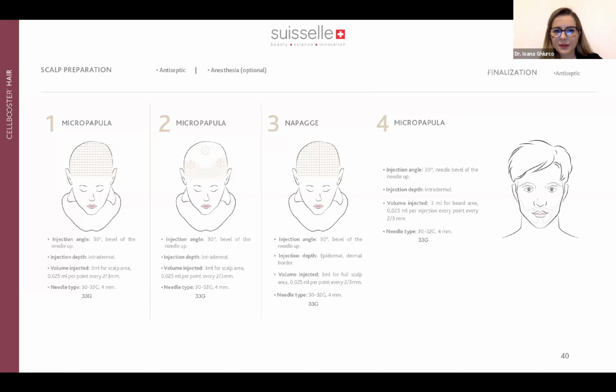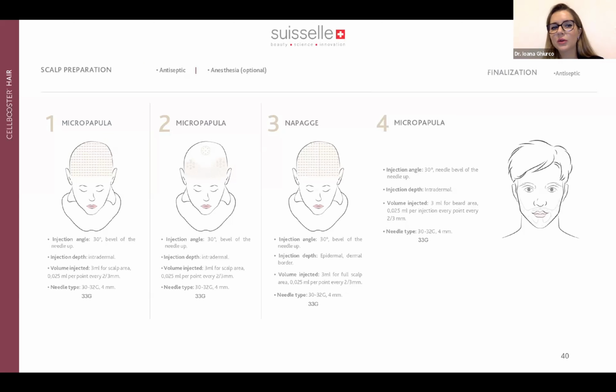Injection angle is 30 degrees, and we need to decide if it's all the scalp area that needs to be treated, or if the problem is concentrated in certain areas. But ideally, it will be to inject 0.025 milliliters in each injection point, and to leave a few millimeters between the injection points.